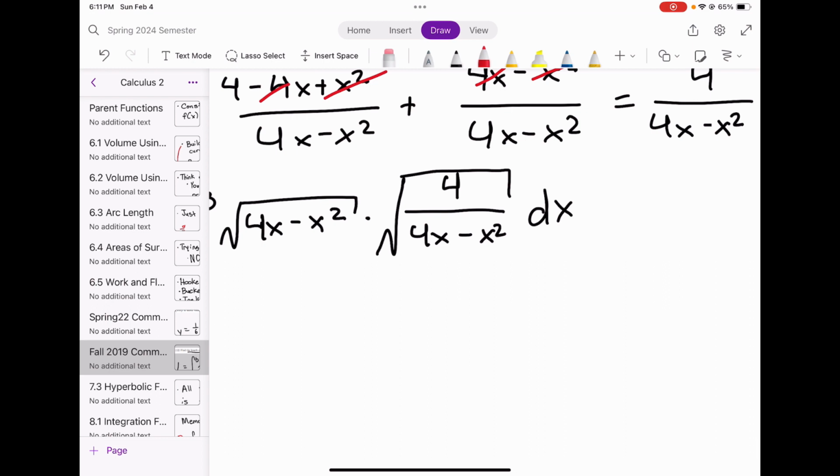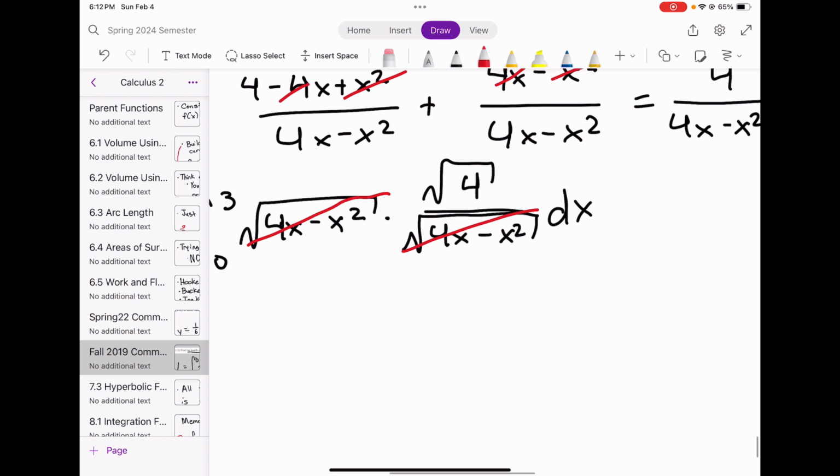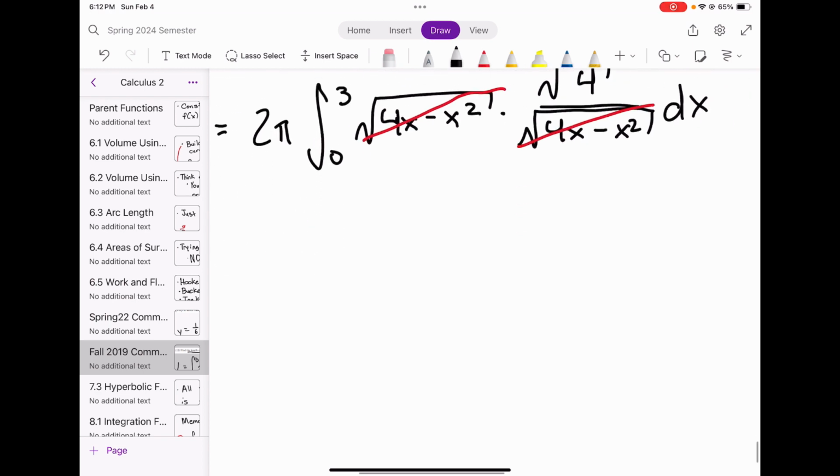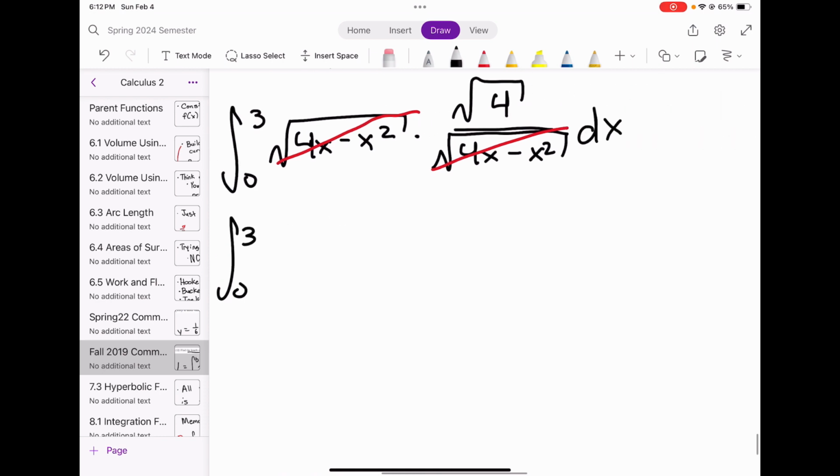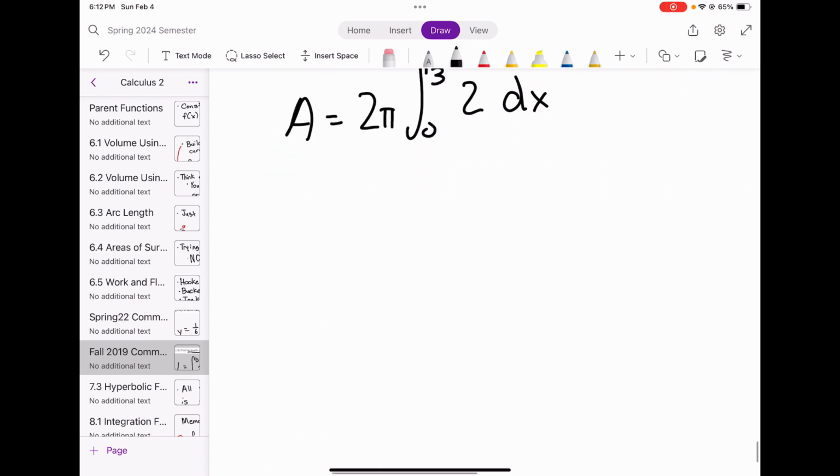And so, actually, I'll erase this big square root because we can distribute the square root inside. And just like that, we can cancel out these two. So all we're left with, area, is equal to 2 pi, the integral from 0 to 3 of 2 dx. That's it. That looks pretty easy.